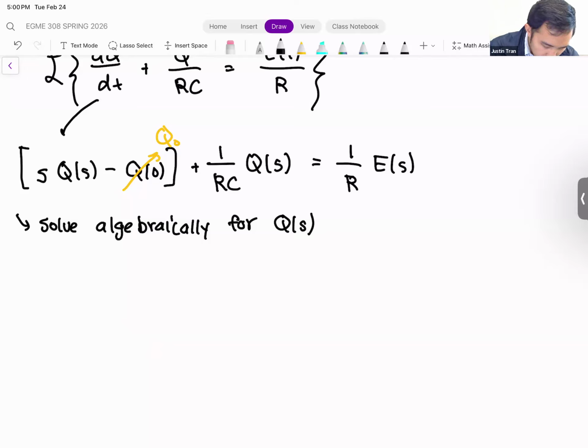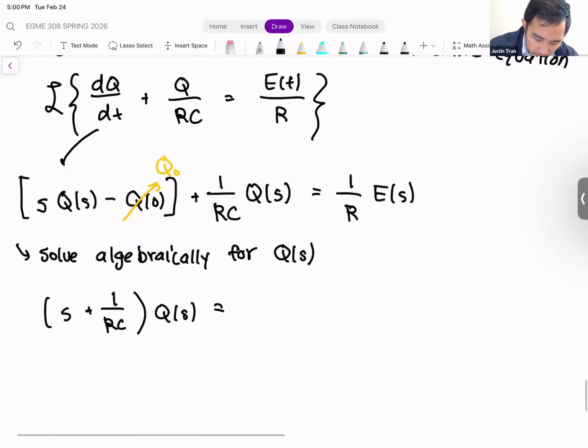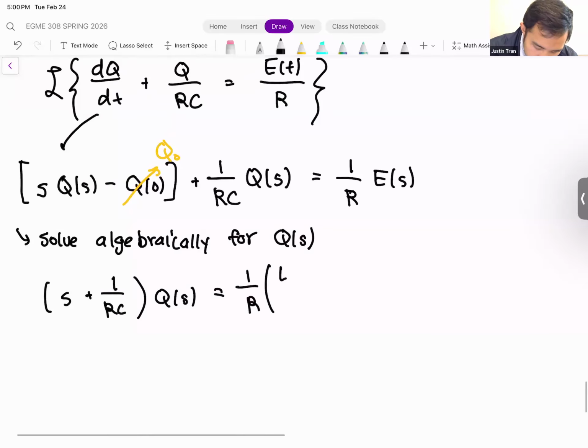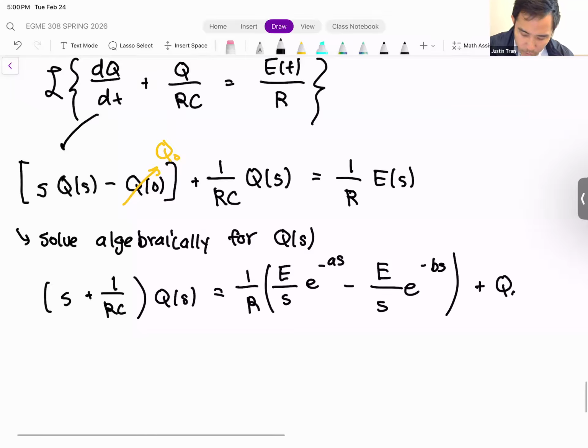And so on the left-hand side, we have s plus 1 over RC multiplied by Q(s) is equal to, and I'm going to plug in for E(s) as well: 1 over R times E(s), which is E over s, e to the minus as, minus E over s, e to the minus bs, plus q naught.